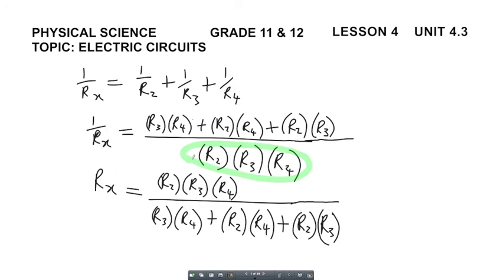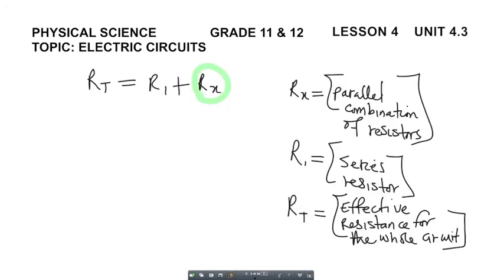So from there, if we take the reciprocal, this will give us Rx. And then having our Rx, we can conclude that the representation of Rx is the sum of R2, R3, and R4, those in parallel, and then if we sum them with R1, it will give us the effective resistance.